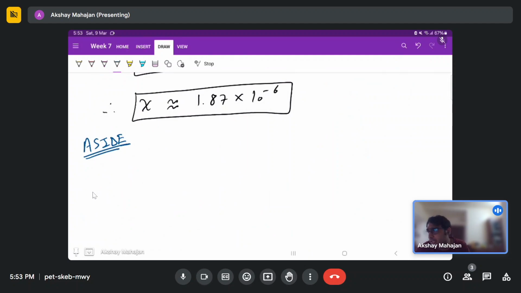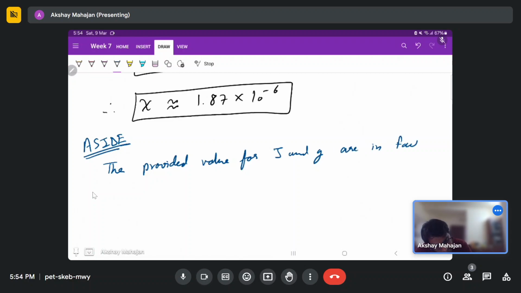But one interesting point about this problem: the provided values for J and g are in fact the values for molecular oxygen.